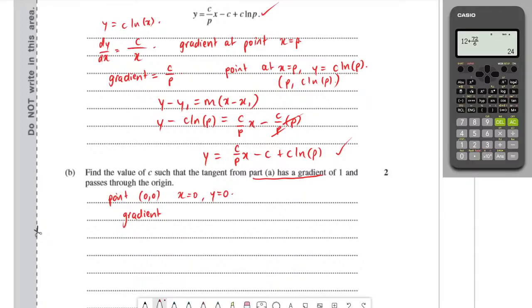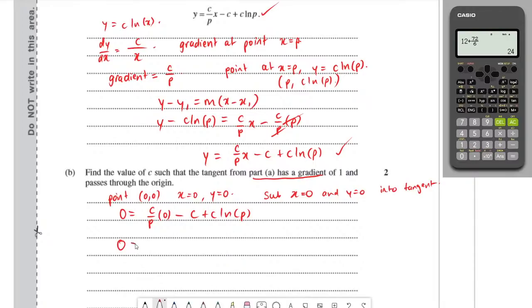So, if I get rid of this bit. This is my thinking, and I don't know if this is right or not. We're going to sub it into the tangent. So in other words, we get 0 is equal to c over p, times 0, minus c plus c log of p.